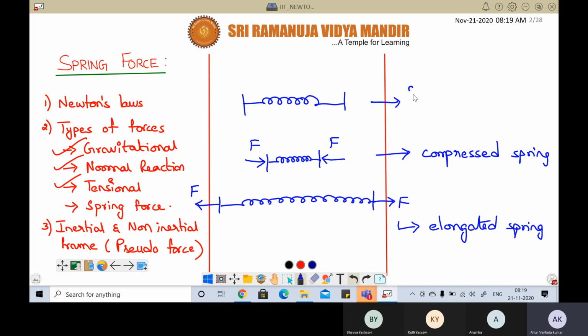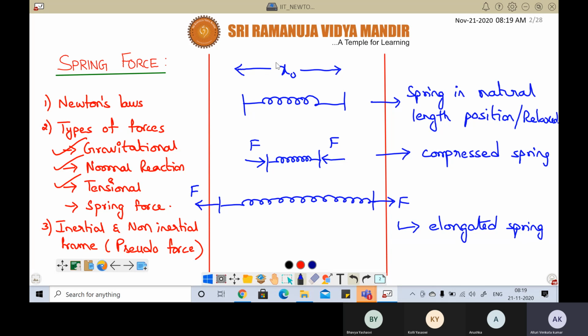And this is a spring in natural length position, or a relaxed spring. There will be a particular length when it is relaxed, that is called the natural length. This x naught is called the natural length, maybe 1 centimeter, 2 centimeters like that.